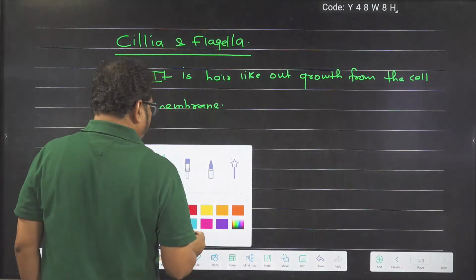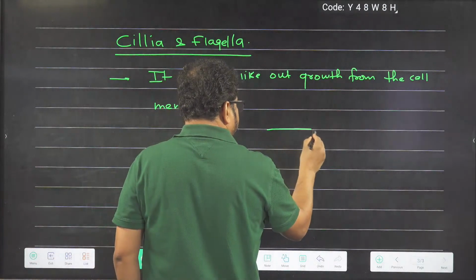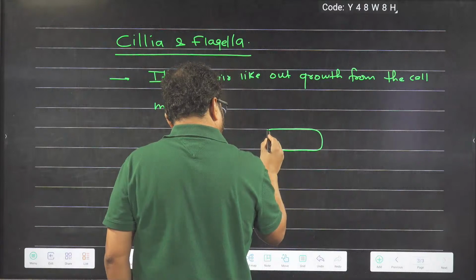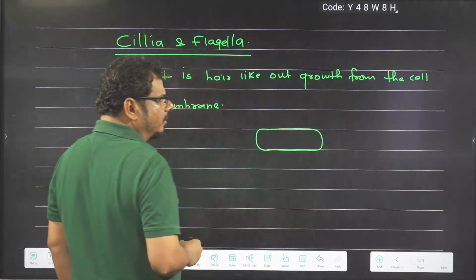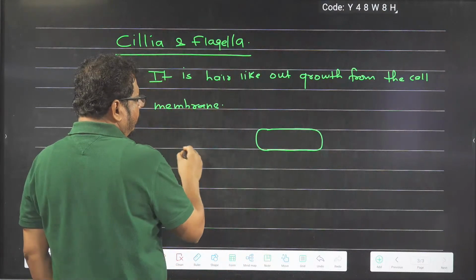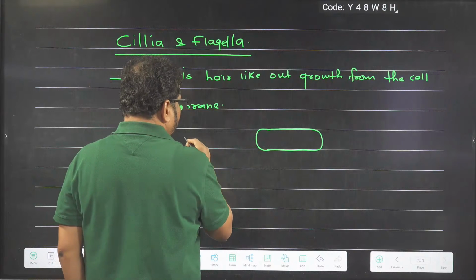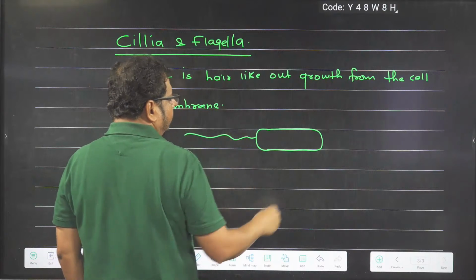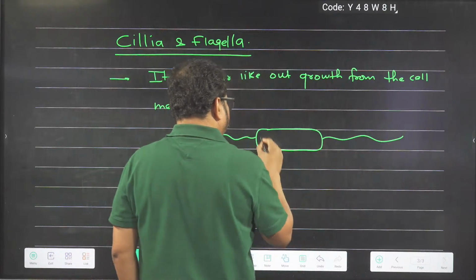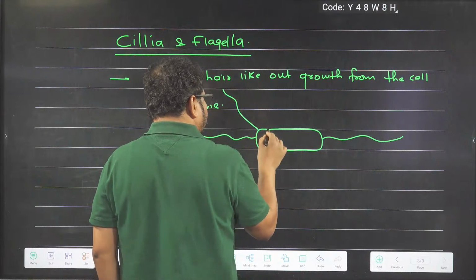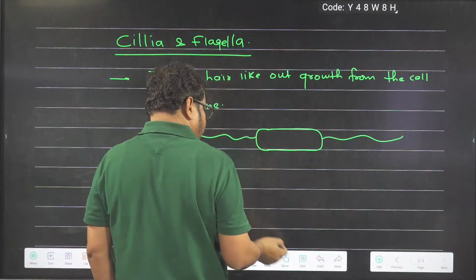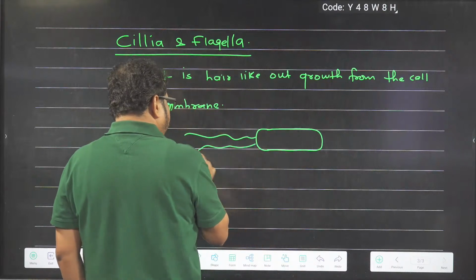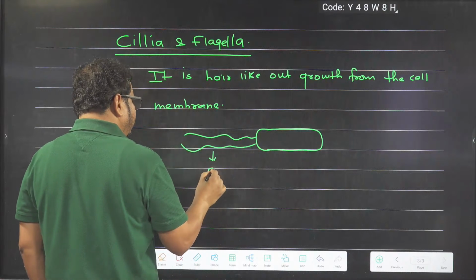Suppose that this is a cell. Here you are finding some hair-like outgrowth. It may be all over, or it may be like this, on the anterior only. This structure is called basically flagella.